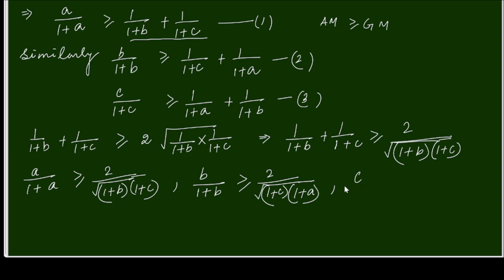And c over 1 plus c is greater than or equal to 2 times 1 over square root of (1 plus a)(1 plus b).